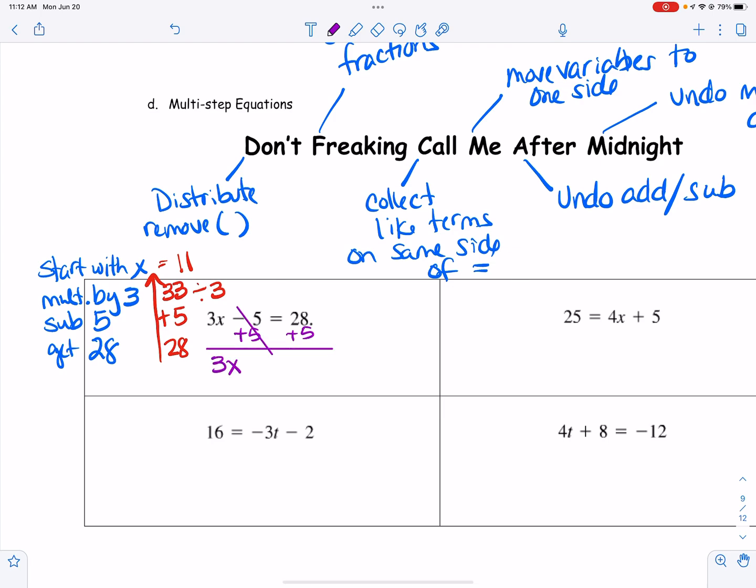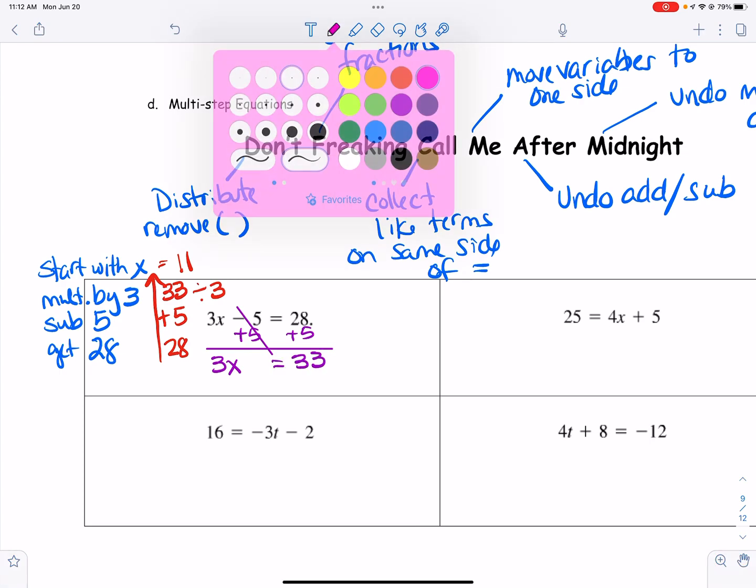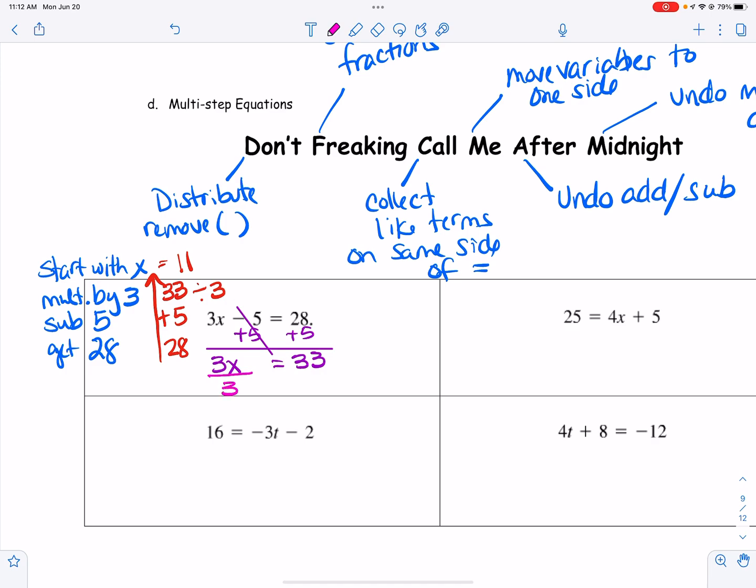So now I have 3x is equal to 33. It says 3 times what number is 33? So I divide, and x comes out to be 11. And you still can check. 3 times 11 is 33, and 33 minus 5 does equal 28.